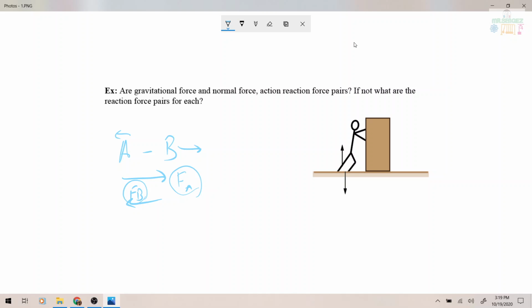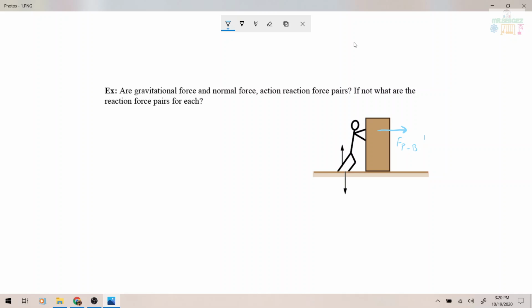All right, so that's the idea of action-reaction pairs, and every force in the universe comes in pairs. If we think about the person pushing on the block, F person on block, then due to the action-reaction principle, the block has to apply the same force backward on the person.